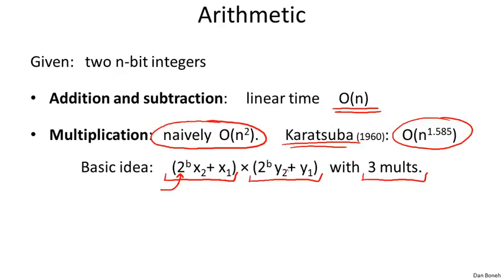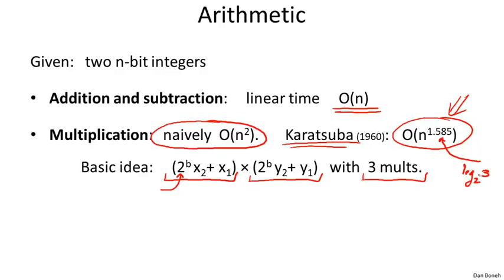Since the big multiplication only takes three little multiplications, you can recursively apply exactly the same procedure to the smaller multiplications, and so on. You get a recursive algorithm, and if you do the recursive analysis, you get a running time of n to the 1.585. This number, 1.585, is basically log of 3 base 2.